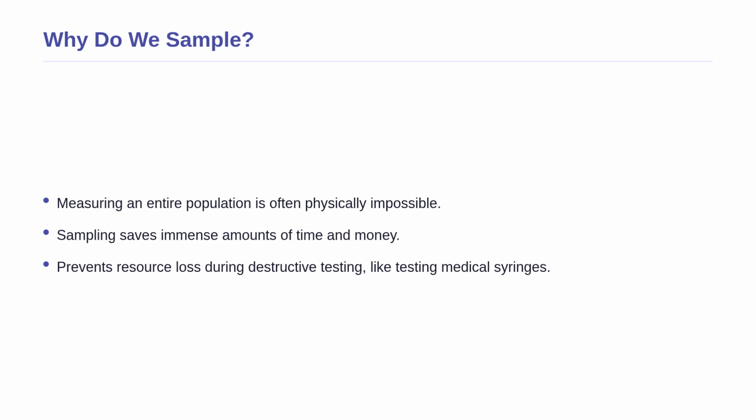For example, a marine biologist cannot possibly catch and weigh every single fish in the ocean. Furthermore, some testing is destructive. If you want to test the lifespan of a batch of medical syringes, testing the whole population would leave you with no syringes to use on patients. Sampling solves these problems elegantly.